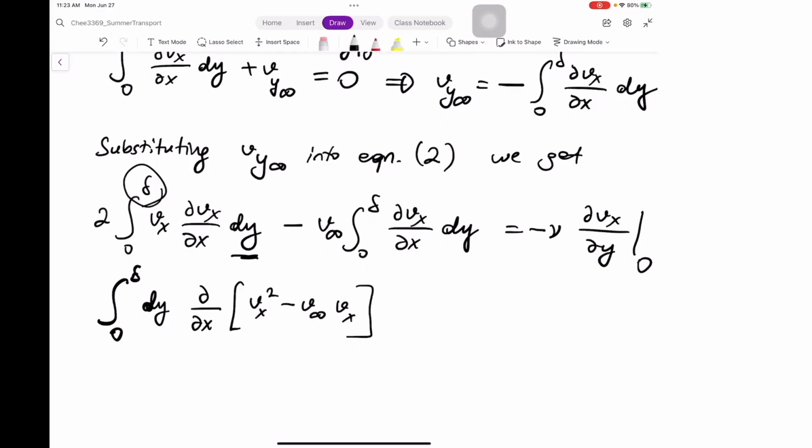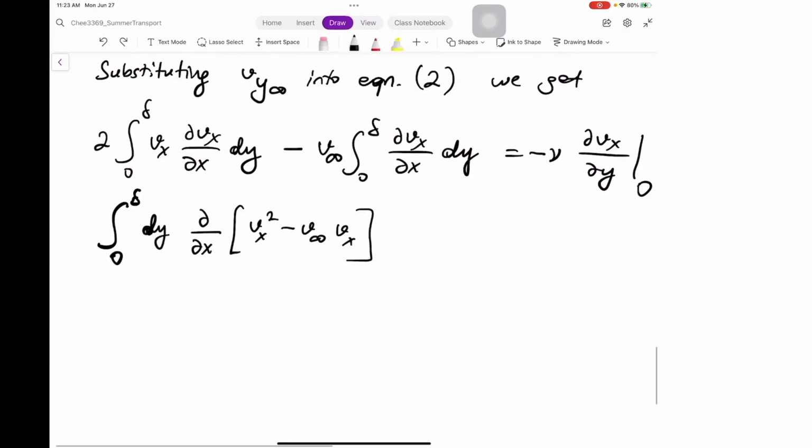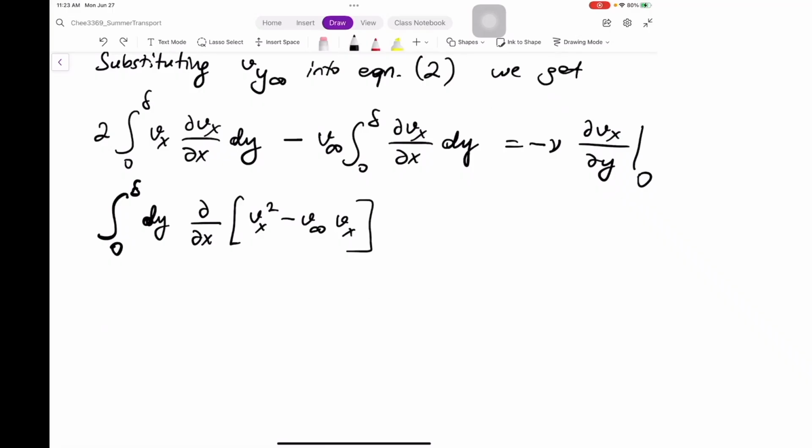Although the y does not depend on x, the boundaries of the integral depend on x. So it might not be a good idea to take the del over del x outside of the integral. So I pull my word back about that. The right-hand side is equal to minus mu del Vx over del y at y is equal to 0.